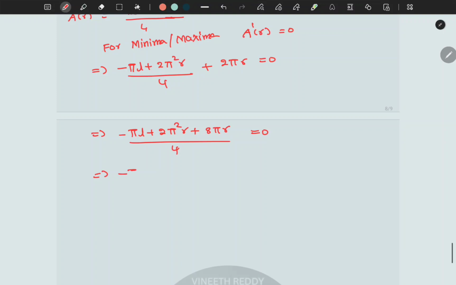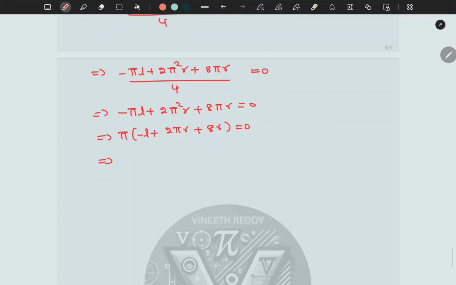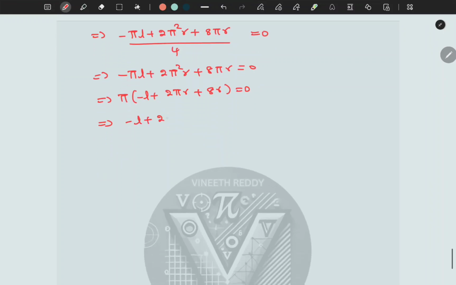Cross multiply. We get minus pi L plus 2 pi square R plus 8 pi R is equal to 0. We can take pi common. So we get minus L plus 2 pi R plus 8 R is equal to 0. Pi cannot be 0. So 2 pi R plus 8 R will be equal to L.